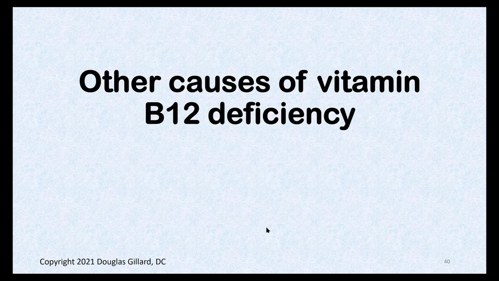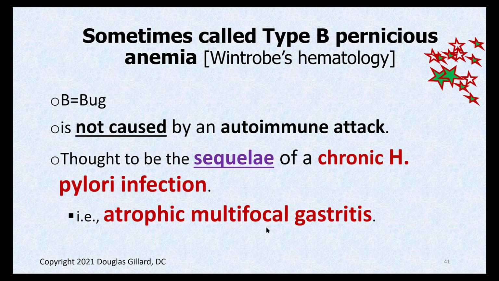Okay, we got about 10 more slides, I think. Other causes of vitamin B12 deficiency. So it's not always an autoimmune attack. Remember vitamin B12 deficiency, sometimes we called it type A pernicious anemia. Well, there is a type B pernicious anemia, and I like to think B for, what's that word? Bug. For bug.